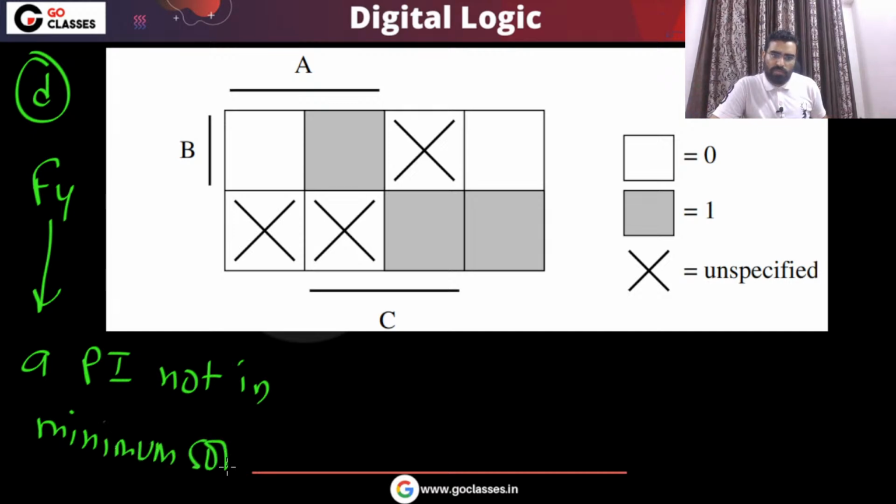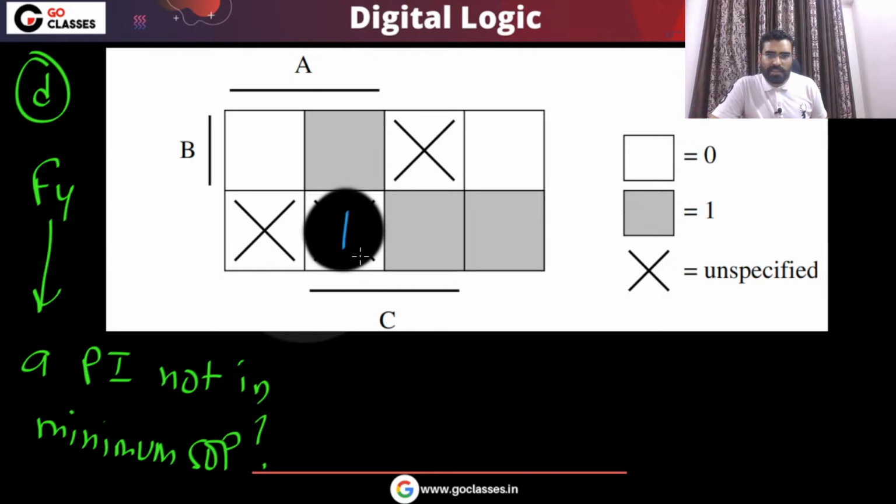A PI should not be in the minimum SOP. For this, what should I do? You can make this one 1.